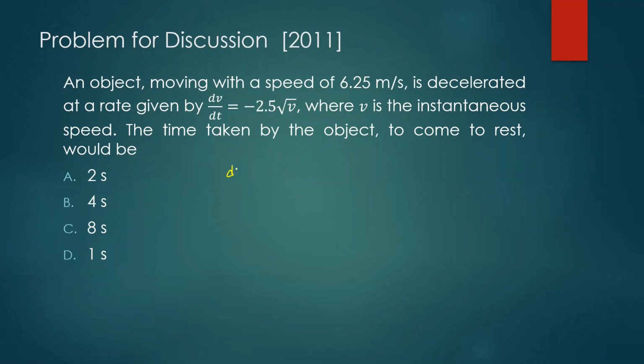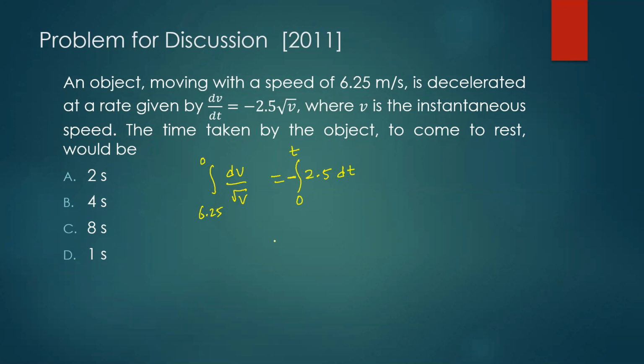So I'll write dv by root v, and on the right hand side I'll take the time variable, so 2.5 into dt, and then I integrate on both sides. Initially the velocity is 6.25. I'm supposed to keep this minus here, that is important. Now the final time is t and the velocity is v.